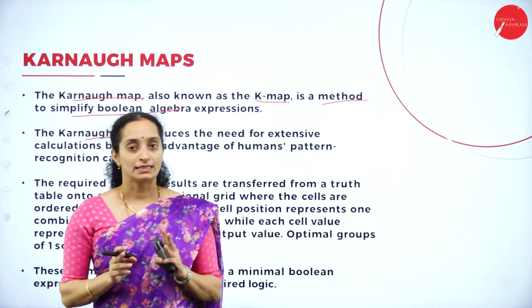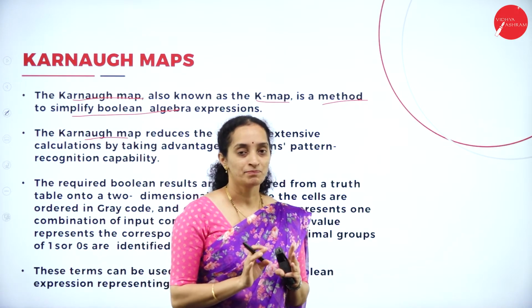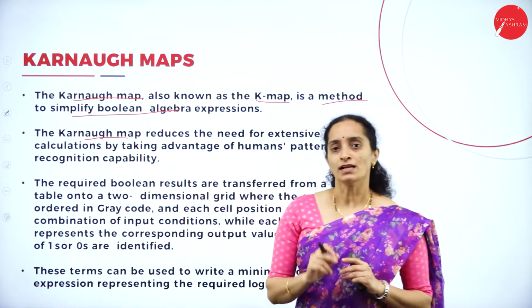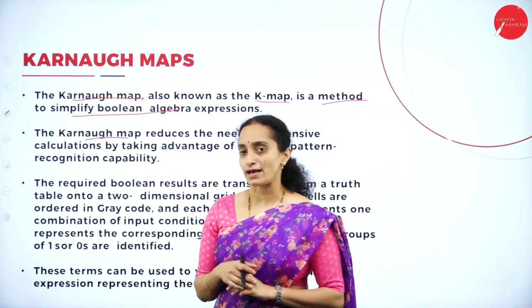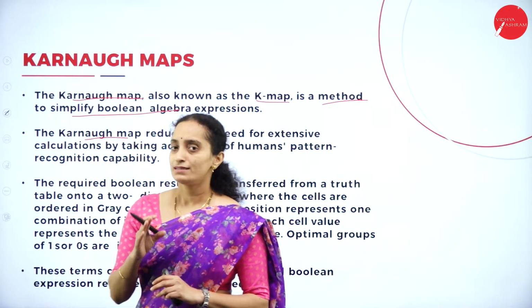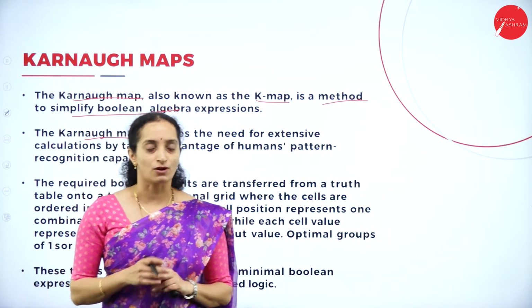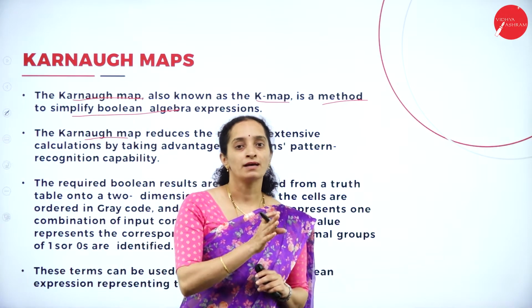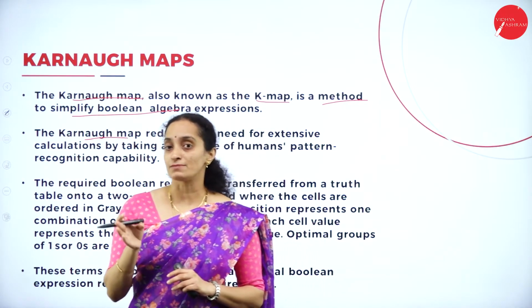If you have 3 variables in an algebraic expression, how many minterms or max terms can you get? It is 2 to the power of n, is it not? What is the relation between the number of variables and the number of minterms and max terms?